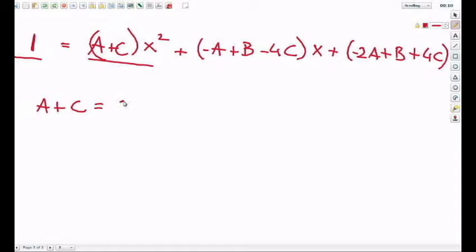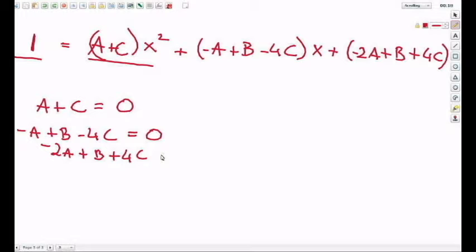So that means that a plus c must add up to 0. Because otherwise we would have an x squared term on here, and we don't want that. Now there's no x on the left-hand side, so we also want minus a plus b minus 4c to add up to 0 as well. And then the constant term, minus 2a plus b plus 4c, should equal 1.